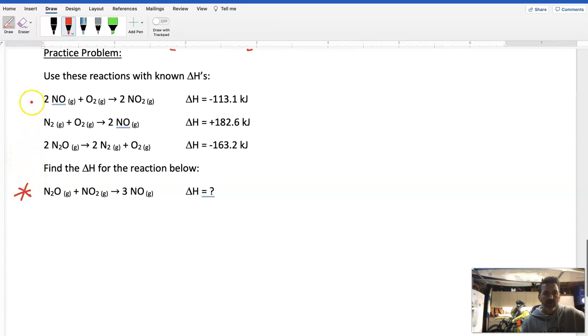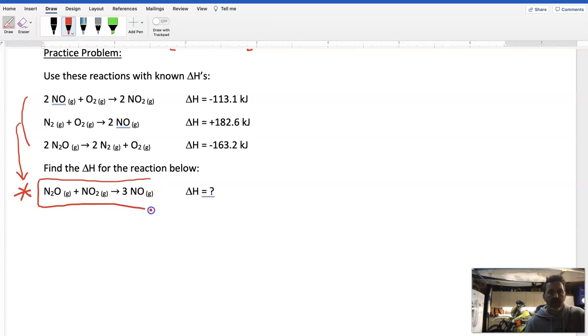Okay, so that's the goal. The goal is to take these 3 equations, manipulate them, and so when I add them together, it equals this equation down here. Okay, so the way that personally I think works best is I'm just going to use this as my template. This is what I want, so I'm going to work off of this.